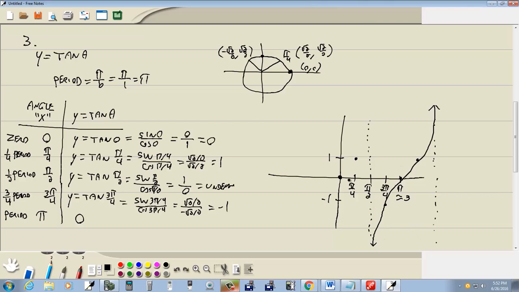That'll give us our graph. And same thing over here. It has something like that, and this would be undefined again. Now you do the same thing for cotangent, but instead of opening up in this manner, they open like this. But it's the exact same idea. So that's how you graph that.